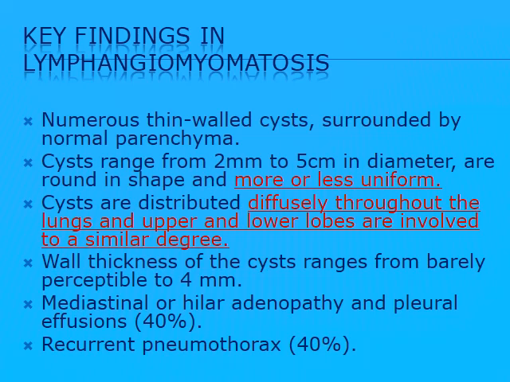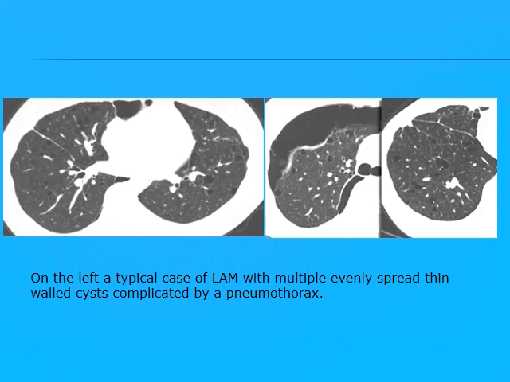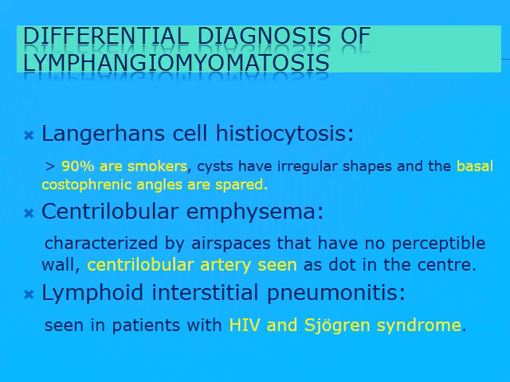Mediastinal or hilar adenopathy or pleural effusion is seen in 40%. As you see, the lung is normal, but it is studded with multiple thin-walled cysts. If the clinical situation is matching, she is a premenopausal woman or a tuberous sclerosis patient, we can diagnose LAM. And as you see, one of these cysts may rupture, resulting in pneumothorax or chylous effusion.